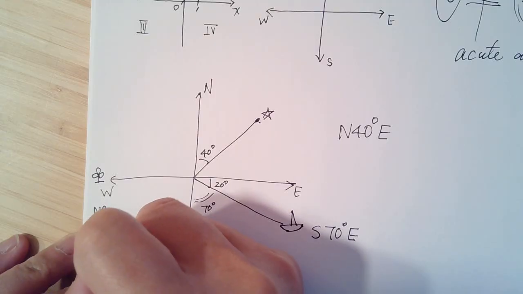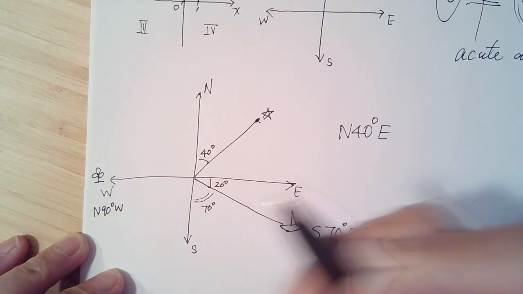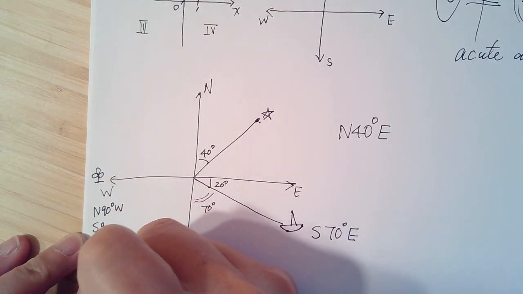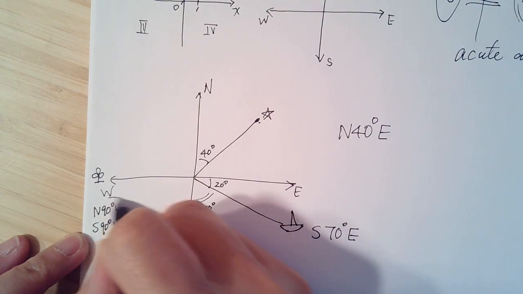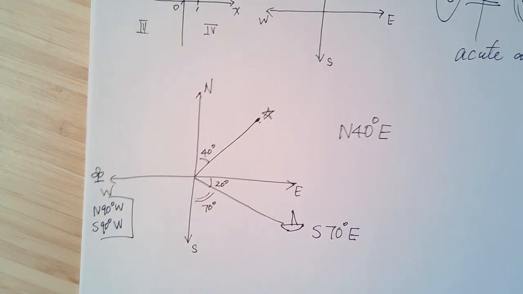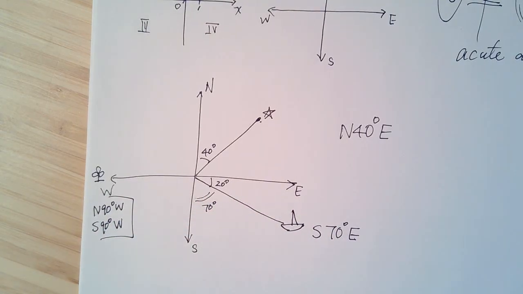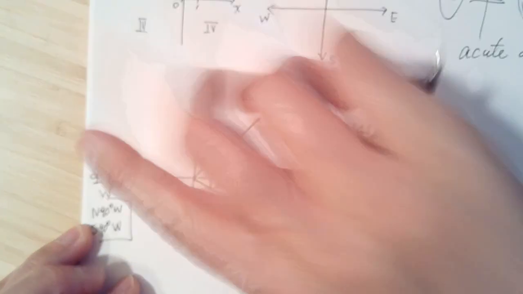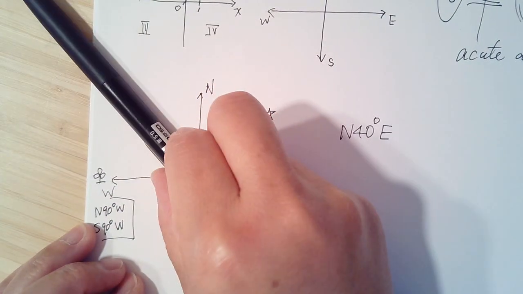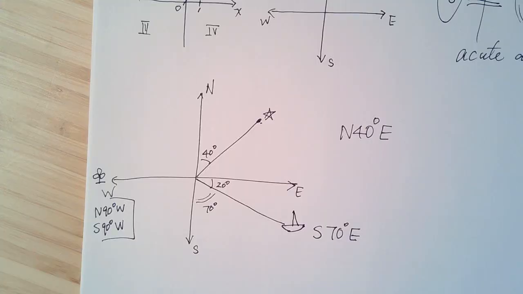One is N 90 degrees W, or S 90 degrees W. Either one, both are correct. But this has to be 90. It cannot be beyond 90. If it's beyond 90, then it's going to go to there, and then you have to start from north only.